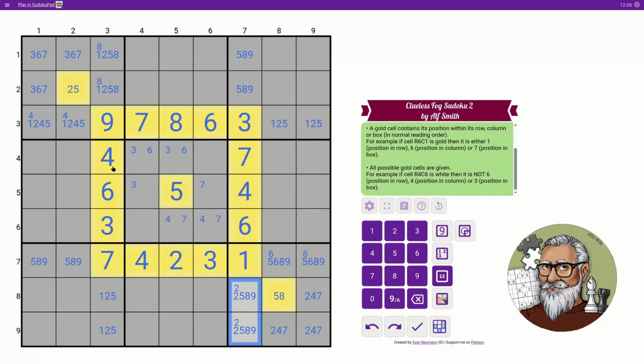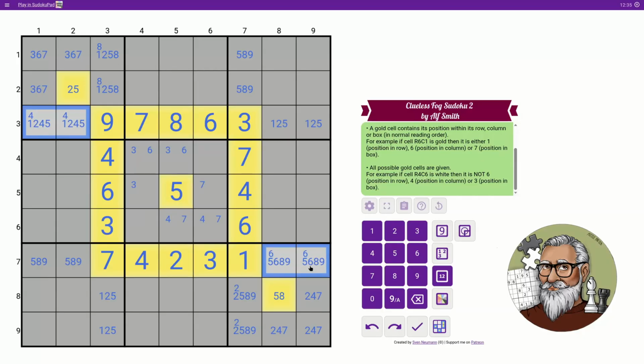Hmm. I can't have both of these as 5, right? If both of these can't be 5, the same here. So one of these is 5 in any case.